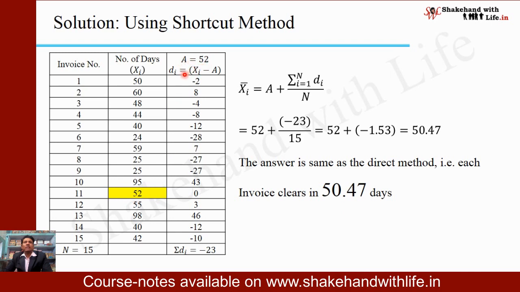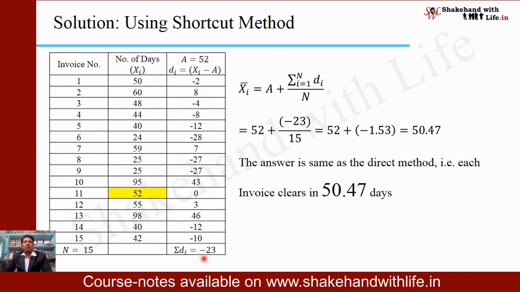Then find di is equal to xi minus a. So the di for the first value, the first xi is 50 minus 52. This comes as minus 2, and then 8, then minus 4, minus 8, minus 12, minus 28, and so on. Now find the sigma di.